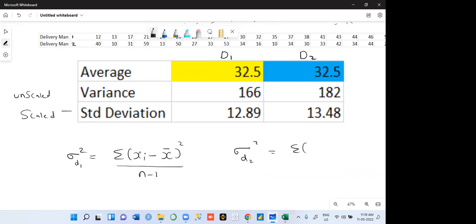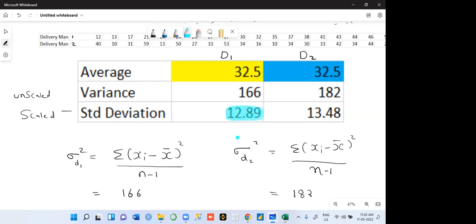Here we have two data sets, that's why. So we compute this variance, I get 166, and for delivery boy 2 I got 182. Then I've taken the square root, I get 12.89 and 13.48. Guys, where do we have the lowest standard deviation? D1, sir. So which will deliver the food faster?